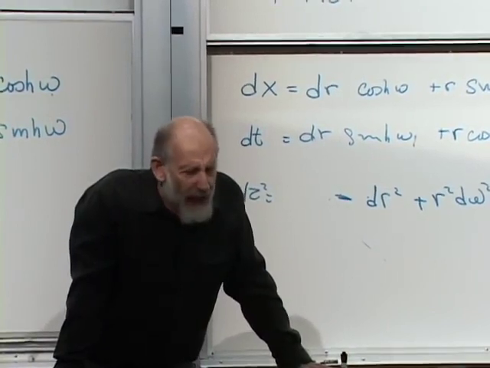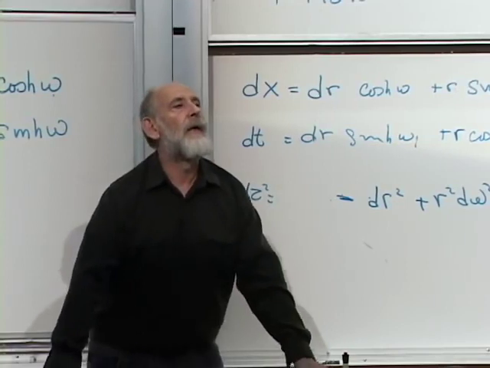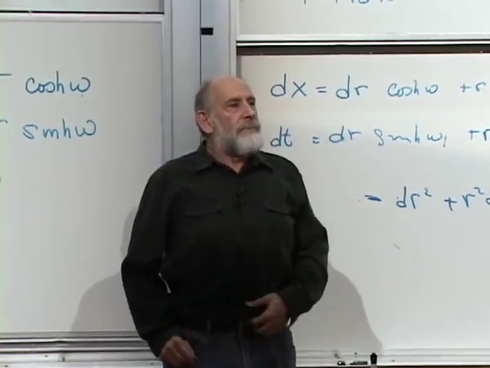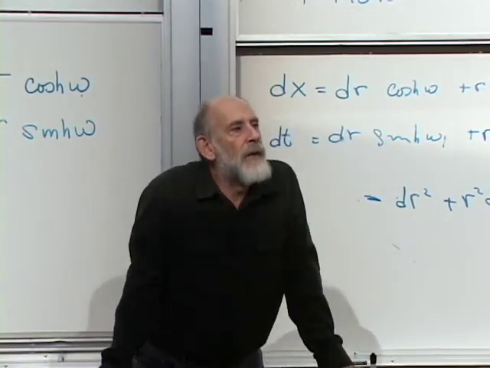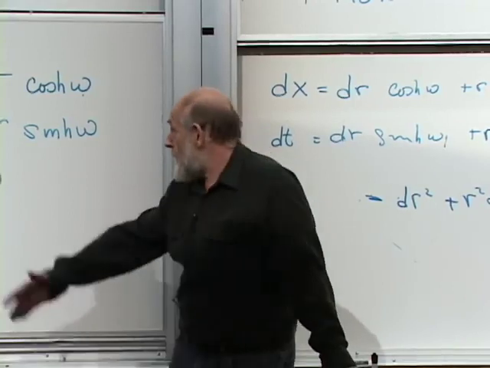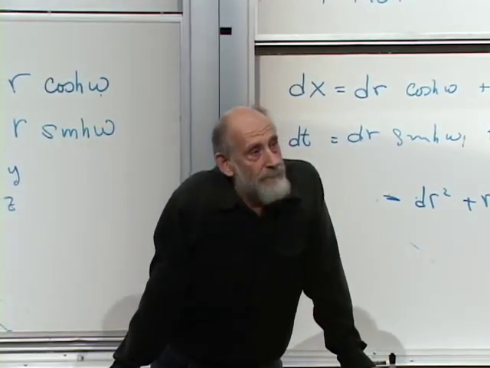And Rindler space has a horizon. That's what makes it interesting. I have read that this Rindler quadrant for uniformly accelerated reference frames are a subset of Minkowski space. Well, it's obviously a subset of Minkowski space. It's a quadrant of it.